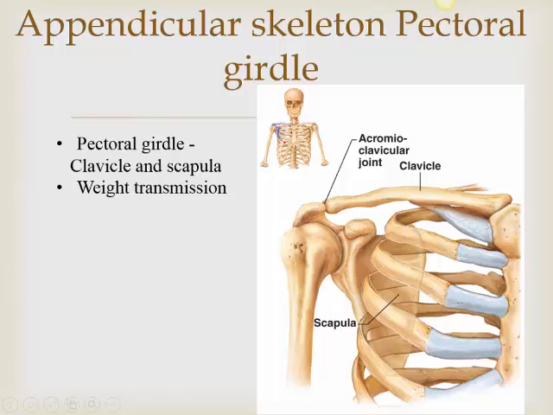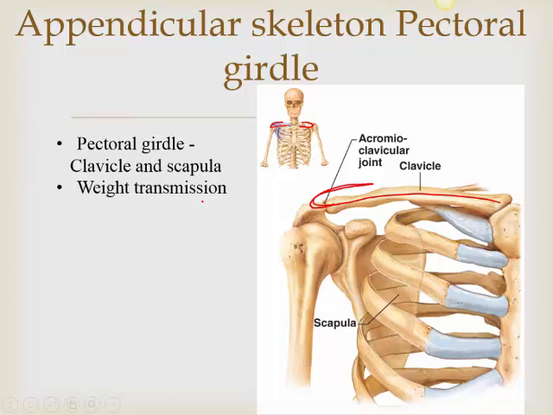In the upper limb, the clavicle and the scapula at the back together form the pectoral girdle. So you have the pectoral girdle of this side and then the pectoral girdle of the other side. If you look at both together, it looks like a whole ring around the body. That's why this is called the girdle.